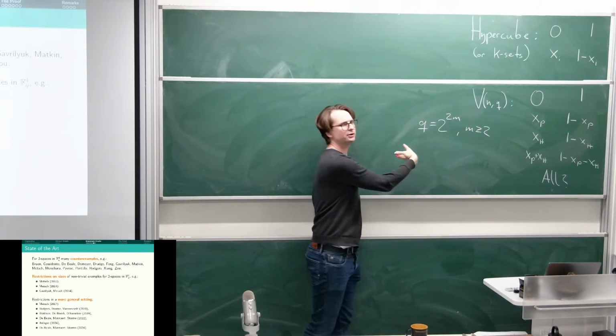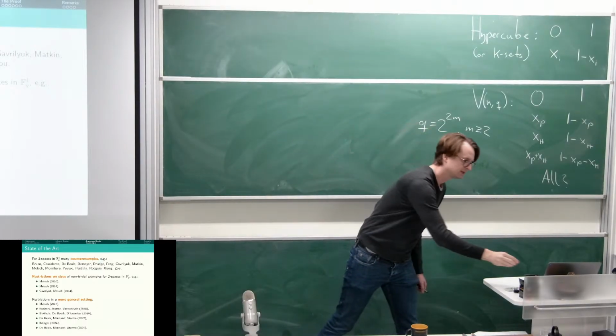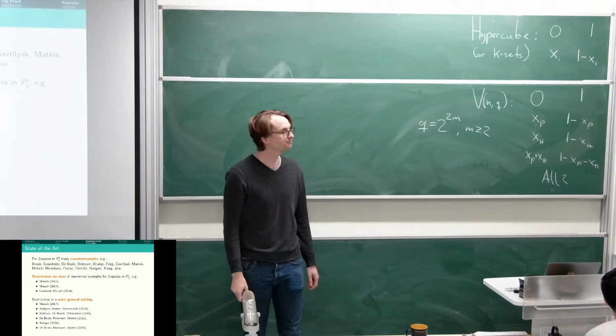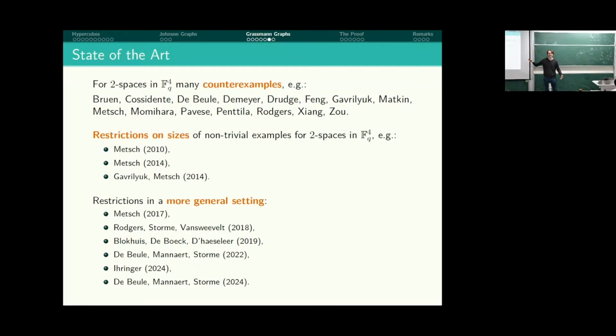I think we don't know any infinite family for fields of that size, an even power of 2. But in general, by now, it seems that there are just many such examples. All for n equals 4 and k equals 2.